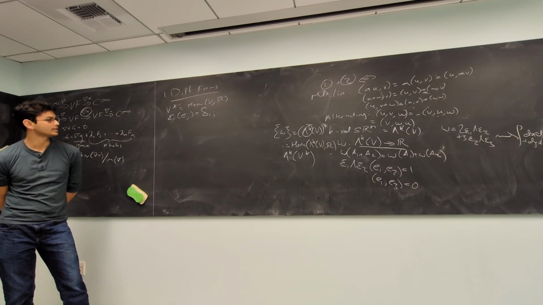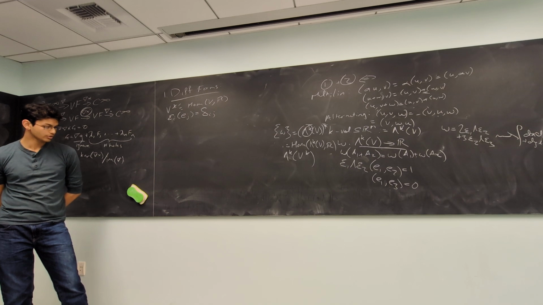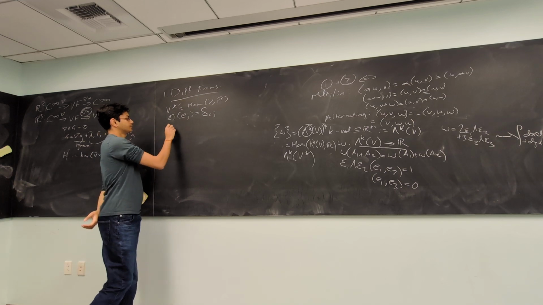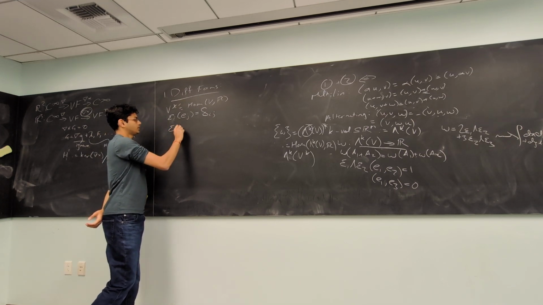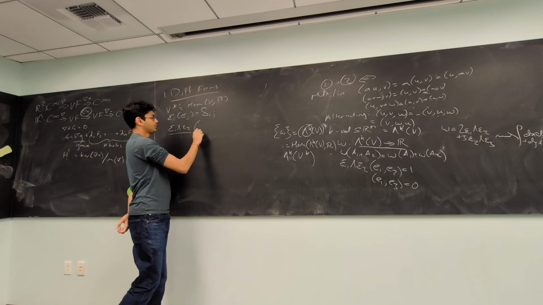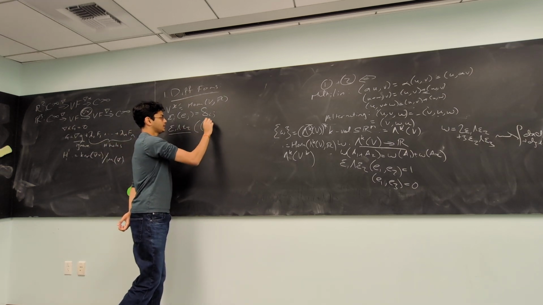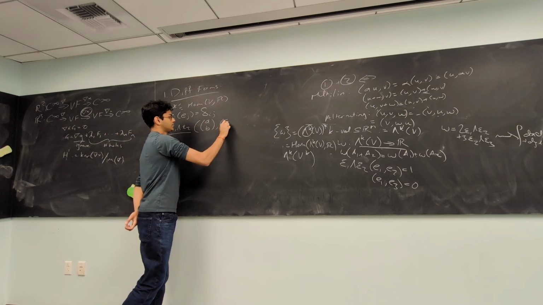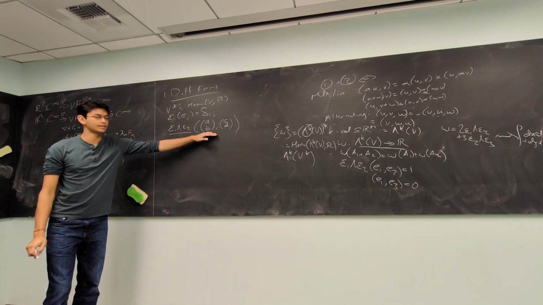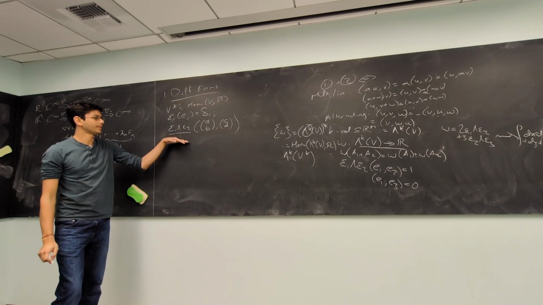So once you have these, then you can specify what areas should be. In 2 dimensions, for example, if you take epsilon 1, there's some notation that I'm going to use. If you evaluate this on the vectors AB, CD, then this should give you the area of these two in the plane.